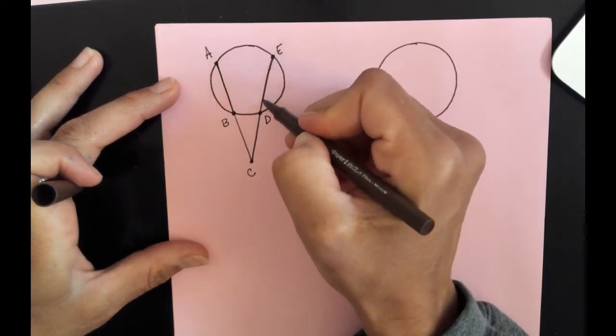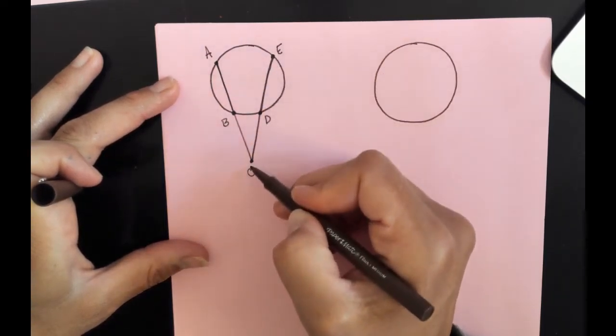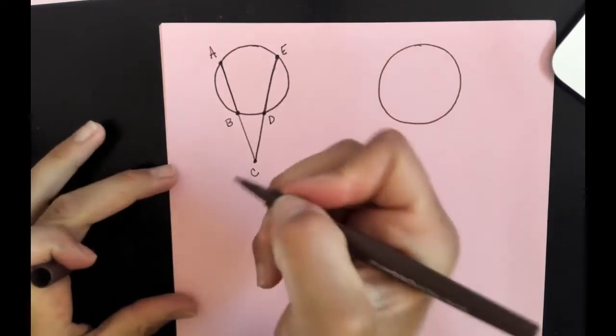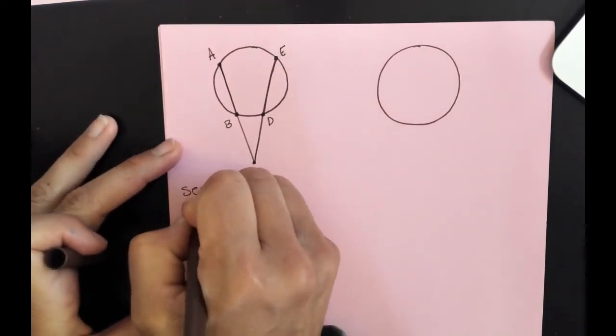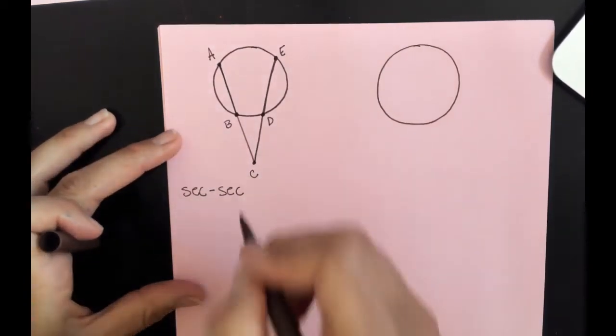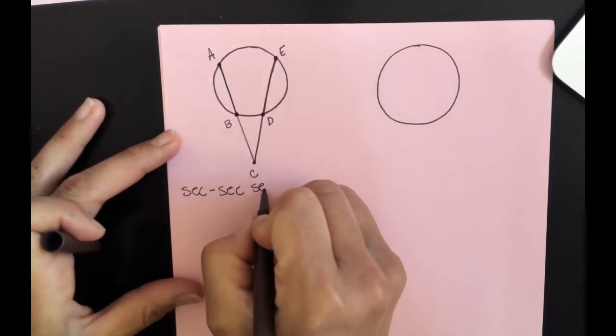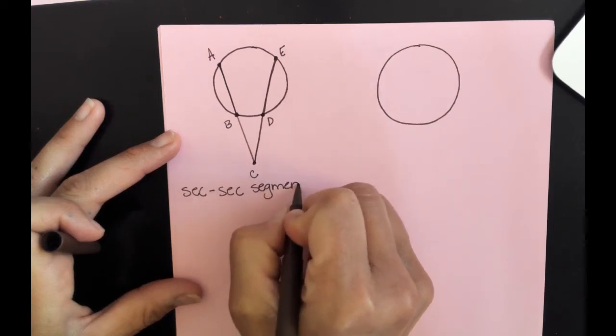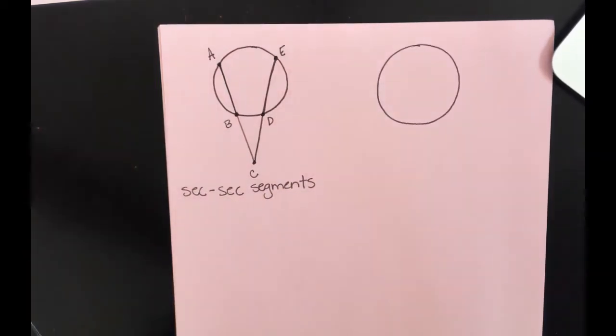We have a chord and we have a full secant. So when that happens, this is called a secant. Notice the abbreviation. Secant segments.